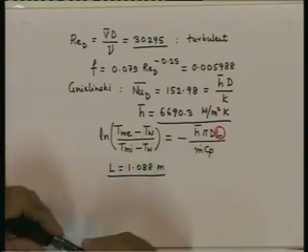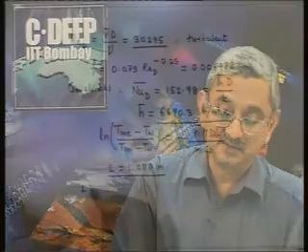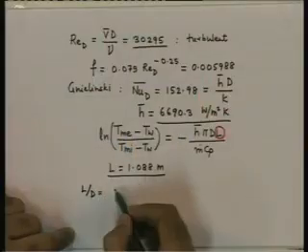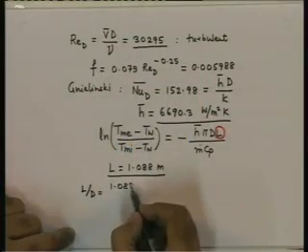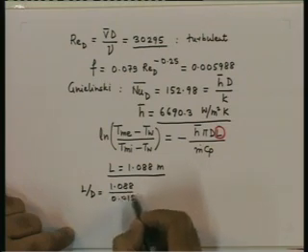Remember that for the local heat transfer coefficient to be used for the average value, we need L by D to be greater than 60. If we determine L by D, this turns out to be 1.088 divided by 0.015.